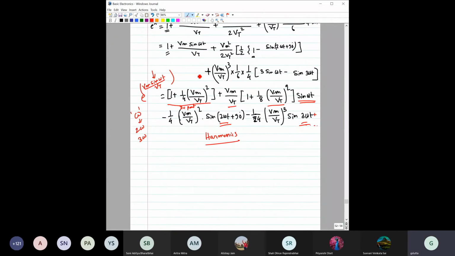So I hope this harmonic portion is clear to you, what is called harmonic and where these harmonics are coming from, right? And due to the presence of this harmonic, an issue will come, that is called harmonic distortion.